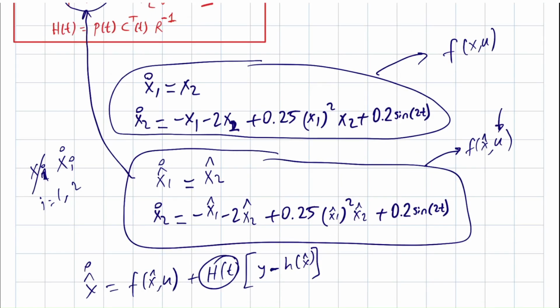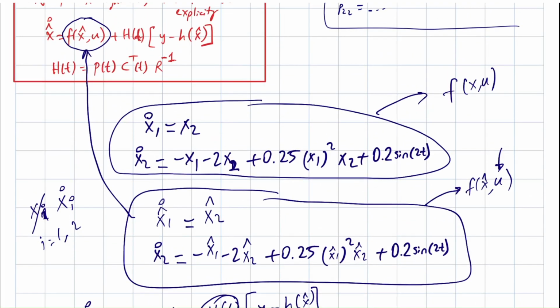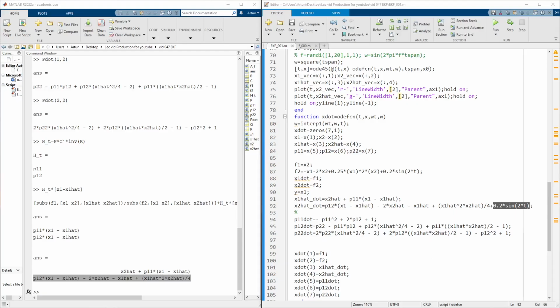I can't remember, it was made out of p terms. So this is f of x hat u, right? It's not x hat dot. So we also need to add h of t times this error, output error term. Okay. All right, let's go back to MATLAB here.